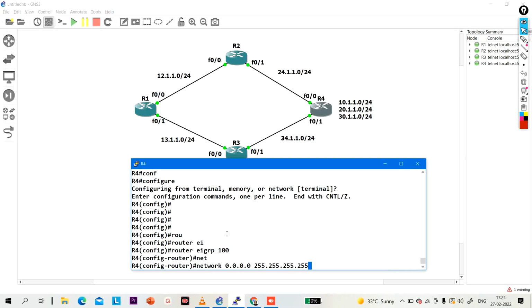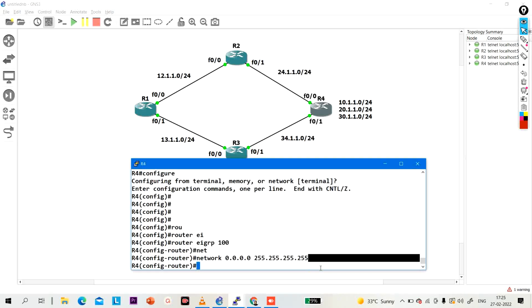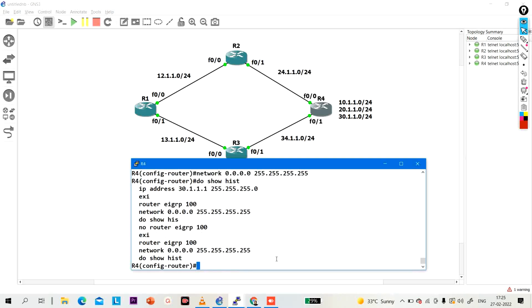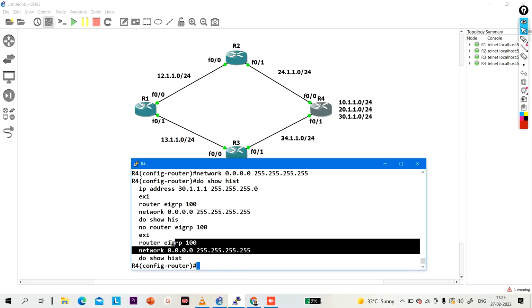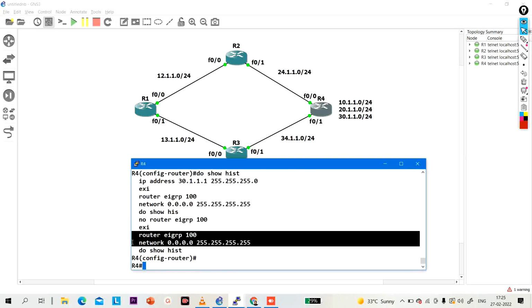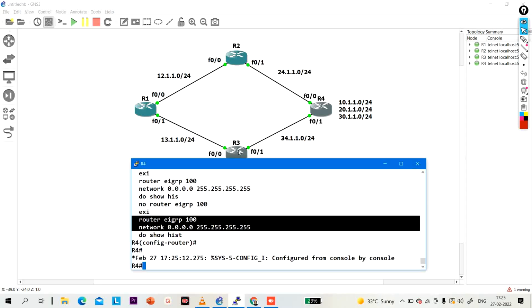I can run this command on all the interfaces because I am not running any other routing protocol on any router, right? So let me copy this command, do show history, and put this command on all routers. Control C.